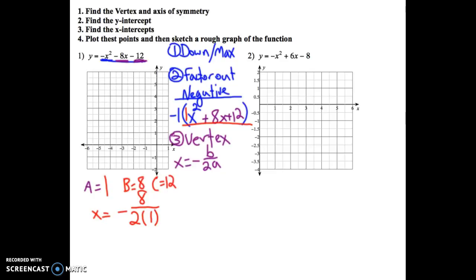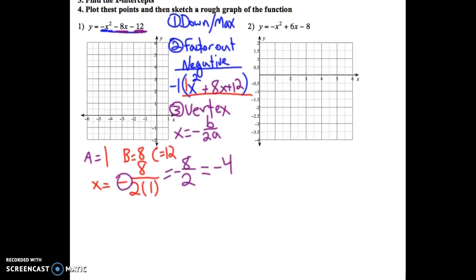Now, notice that there's only one negative now in this formula, right here. Meaning my final answer is going to be negative. If there were 2 negatives, it would turn positive. So 2 times 1 is 2, so I'll write negative 8 over 2, and that equals negative 4. So the x value of my vertex is negative 4.